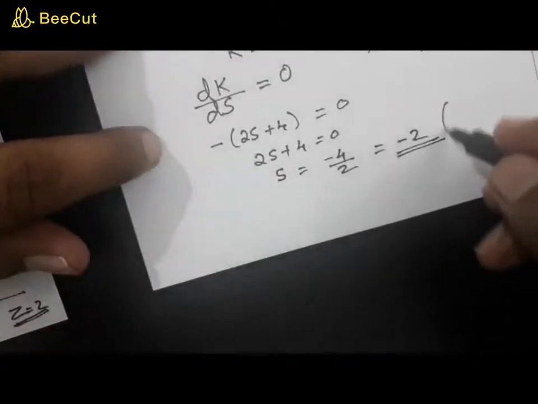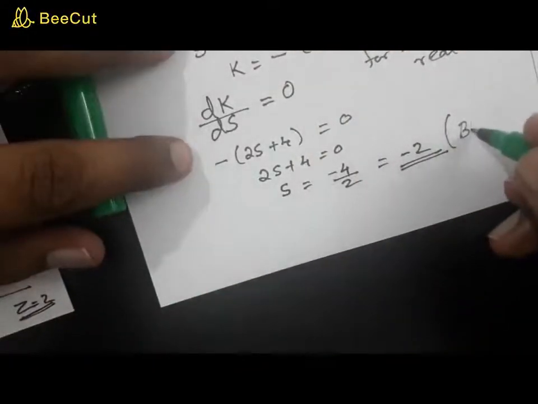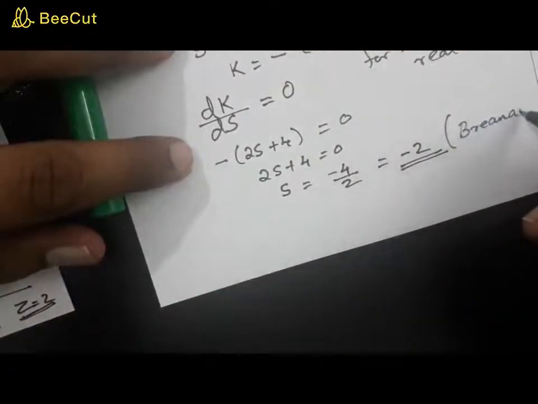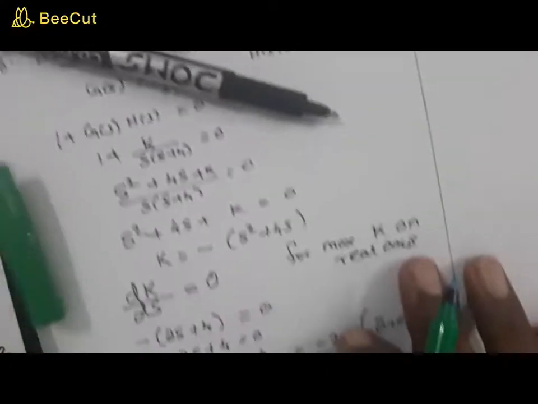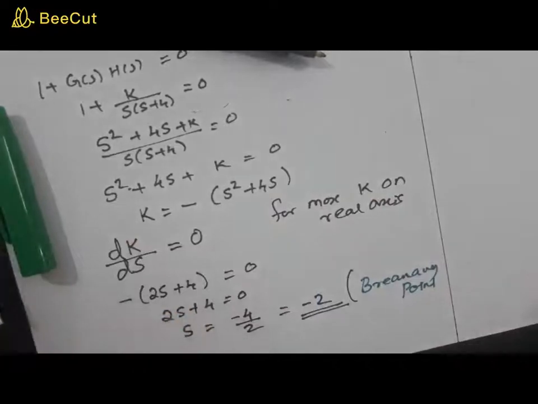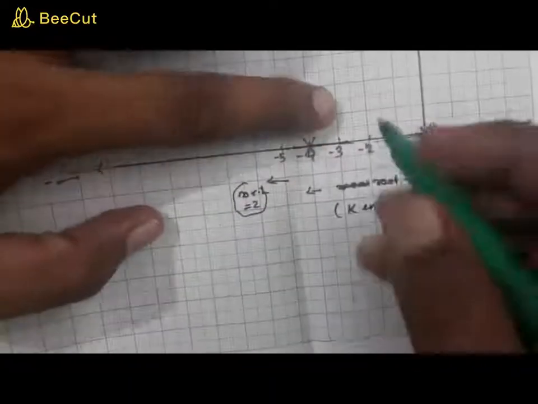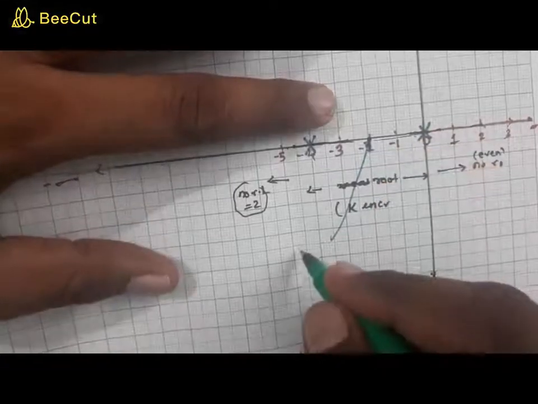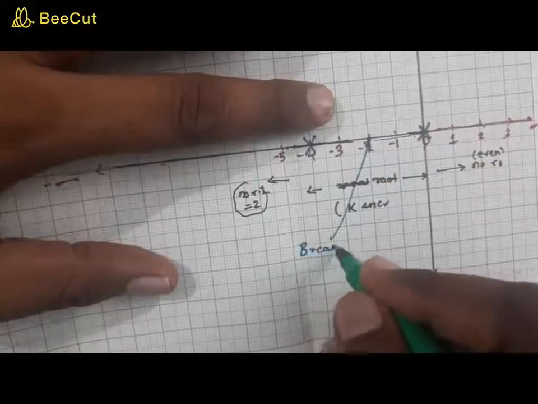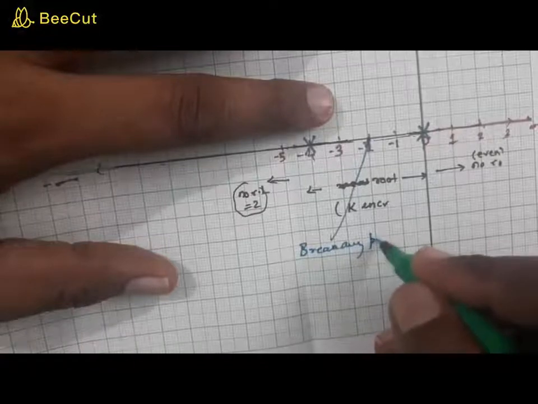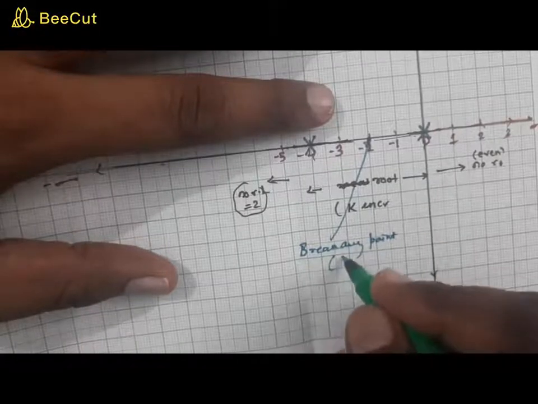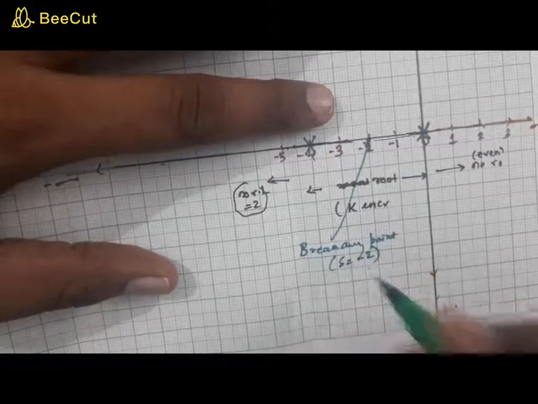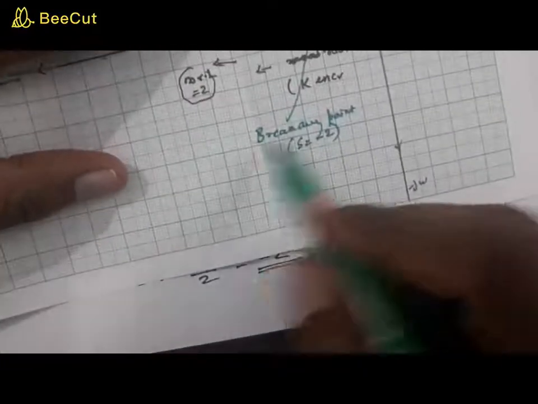This is what is called the breakaway point. Okay, so you can mark that breakaway point on the graph. Where is this minus 2? Minus 2 is here. So this is your breakaway point, at s equals minus 2.